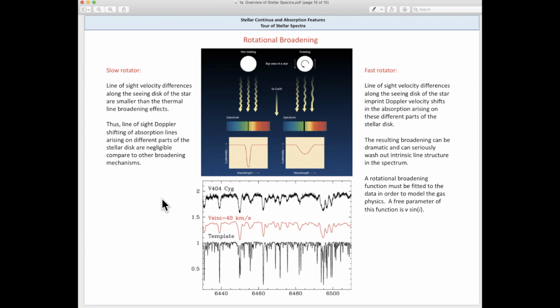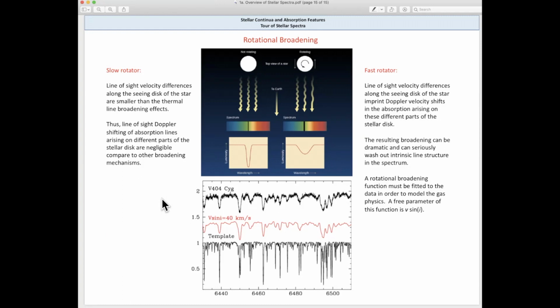And what you do is you basically try to chi-square fit your data, putting all your free parameters into your models, and then you try to find the free parameters that produce back to you the spectrum that you observe. And then you pull out your parameters from your models and say, I think the temperature is this, and the gravity is that, and the chemical composition is this, and the microturbulence is that, and the rotation is this. Hopefully you don't get too many free parameters.